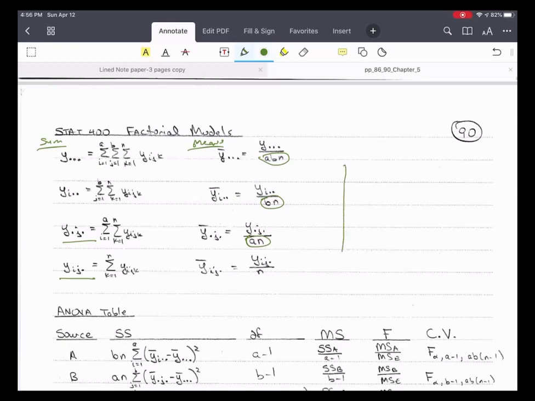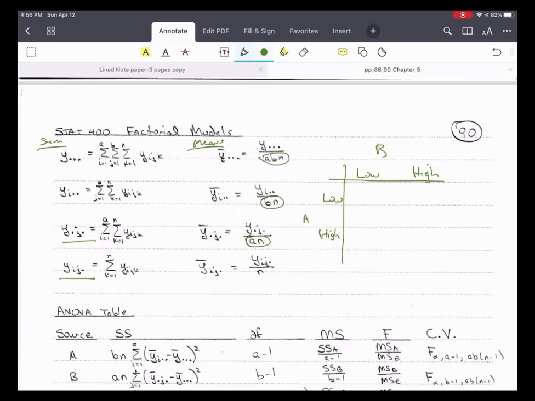So to give you a kind of a picture here, we sometimes will say, let's say low, high, and this will be A, and B would be low, high for a two-factor, two-level. So we call this a 2x2 factorial design.